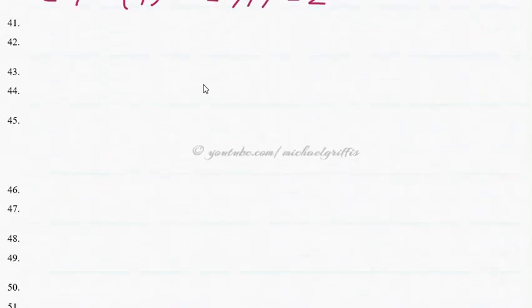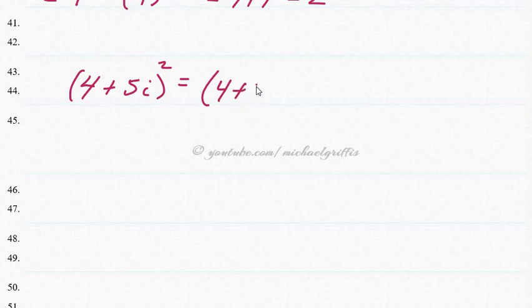All right, what do we got? One more. This is one more for the road. 4 plus 5i quantity squared. Okay, so we got to rewrite this as 4 plus 5i times 4 plus 5i.